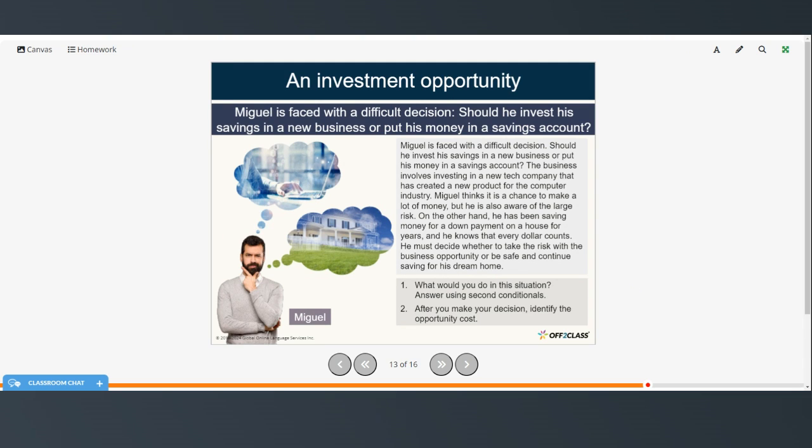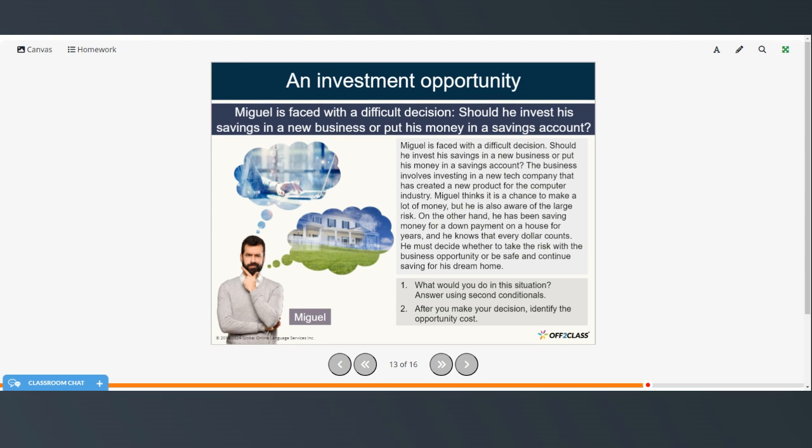All right, Miguel is faced with a difficult decision. Should he invest his savings in a new business or put his money in a savings account? The business involves investing in a new tech company that has created a new product for the computer industry. Miguel thinks it is a chance to make a lot of money, but he is also aware of the large risk.